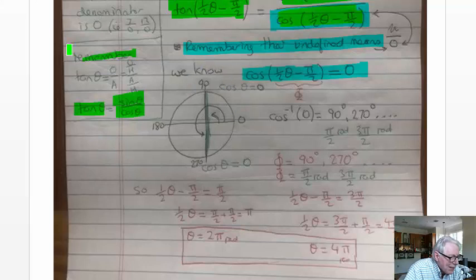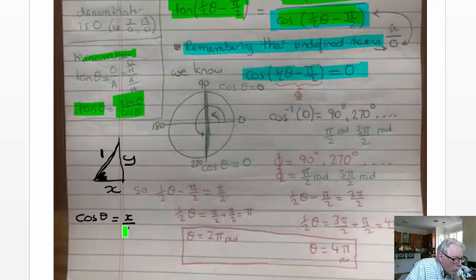Whenever I start hesitating, I know I need to slow down and think a bit. So there's a generic angle. This is my angle in the first quadrant. Here's my hypotenuse, and for the unit vector that equals 1. And then here's my x and here's my y. And my x is my cosine. Cosine of that angle equals x over 1. It's the adjacent over the hypotenuse.